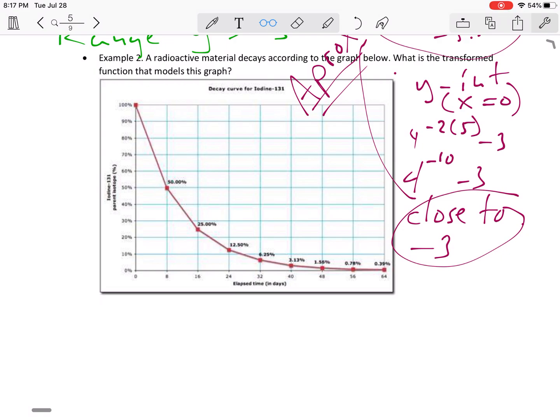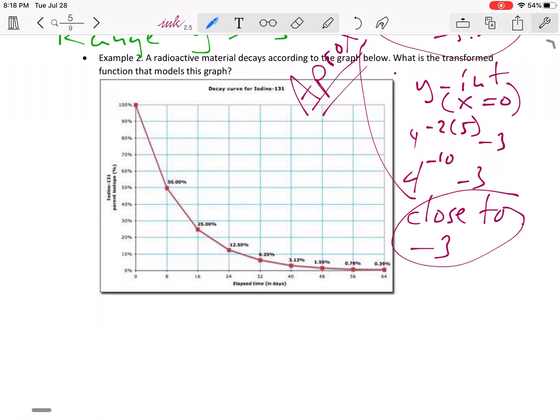What you notice here is it starts at 100% on the vertical axis, and it keeps going down by 50%, which is the definition of what we call a half-life. The half-life here is happening every 8 days if you look at the horizontal axis, right? First 8 days it drops to 50%, then the second 8 days, 8 to 16 days, it goes from 50% to 25%, right?